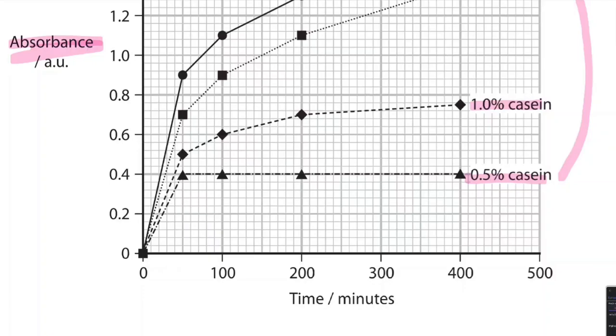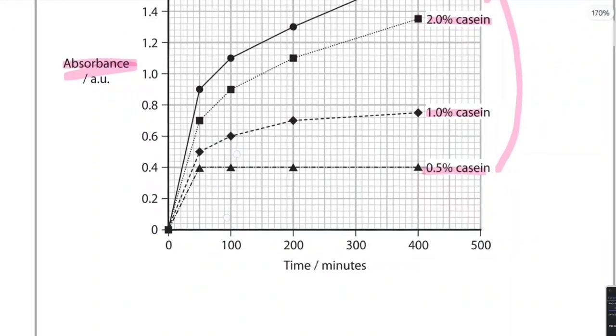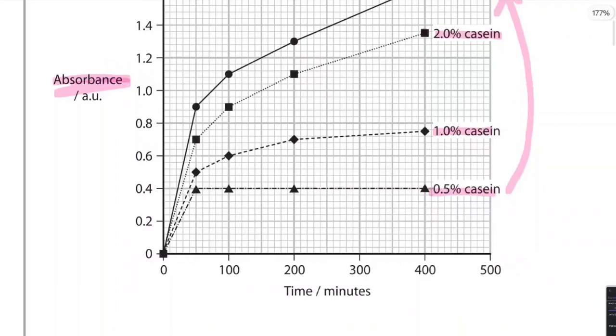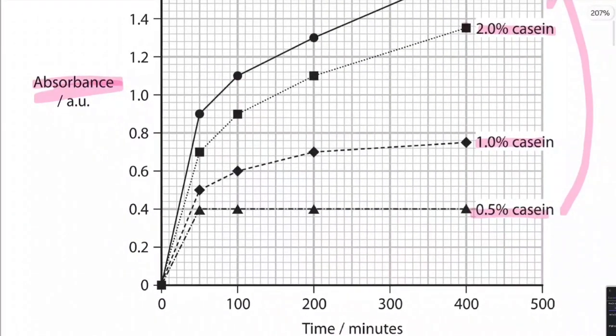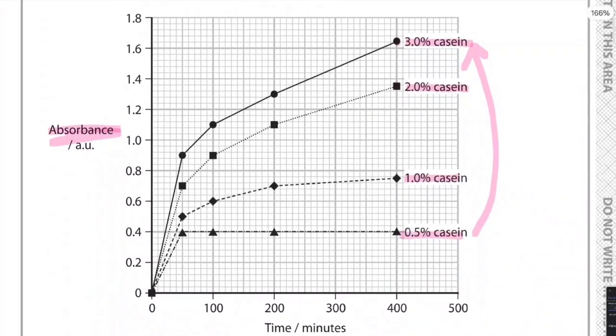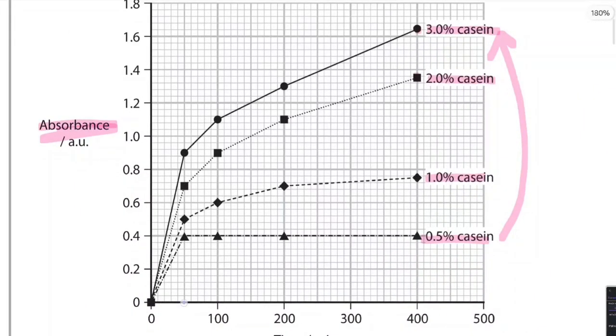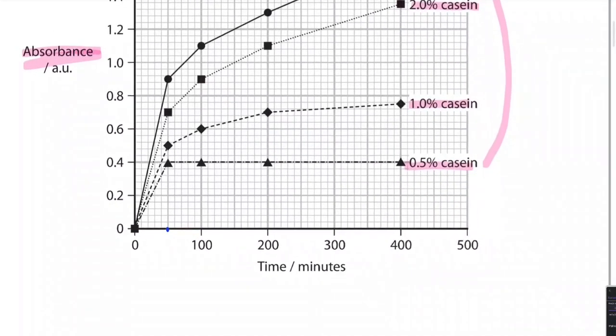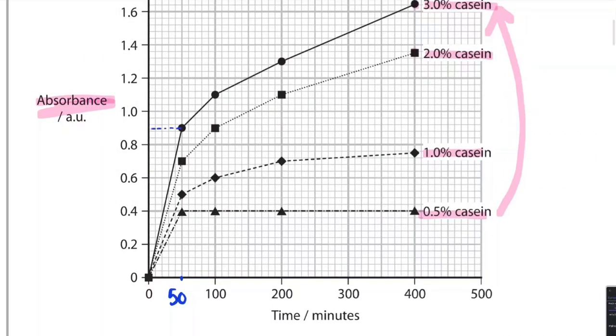So I'm gonna draw a tangent if it was a curved line, but here I don't need to draw a tangent. I can get the gradient through this straight line. So in this 3% casein concentration, I can get the point from the x-axis here, which is 50, and the point here, which is 0.9 on the y-axis.